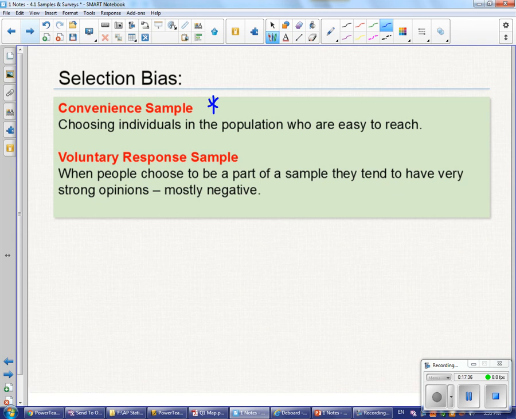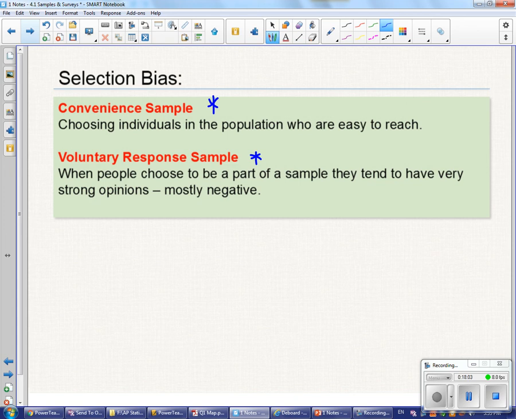The other kind of sampling technique that is really, really common on the radio, on the internet, on TV, is what is called a voluntary response sample. And this is basically when people choose to be part of a sample. So, for example, if you're listening to the radio and a DJ poses a question and says, hey, everybody who's interested in earlier school start times, we want to know how you feel.